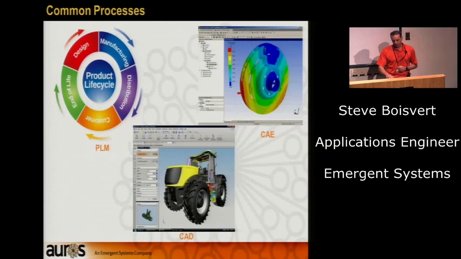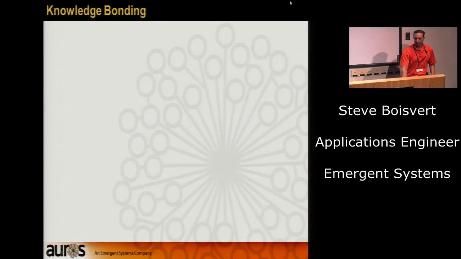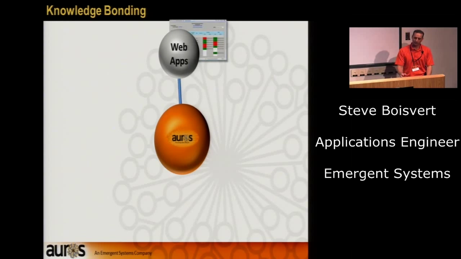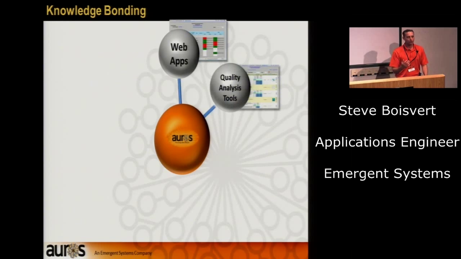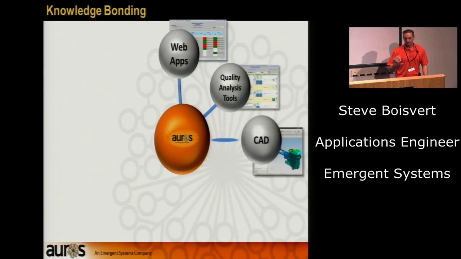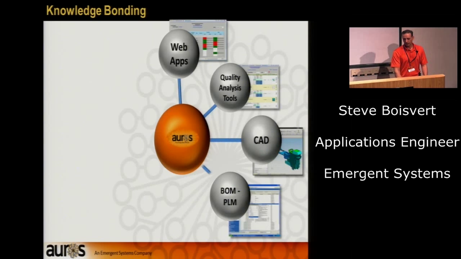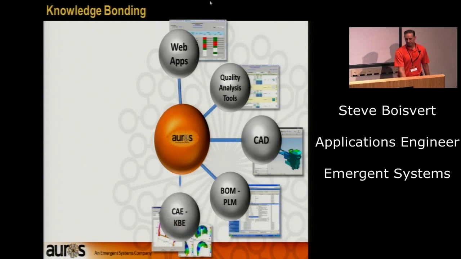So the cool thing about Auros is that we take the knowledge that we have in our application and we can bond it to all different kinds of other digital applications, different kinds of web applications, quality analysis tools we do at some of our other customers, several different CAD systems, PLM systems, and this one here is for the bill of materials, CAE systems and KBE systems.